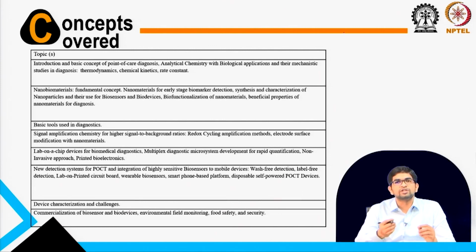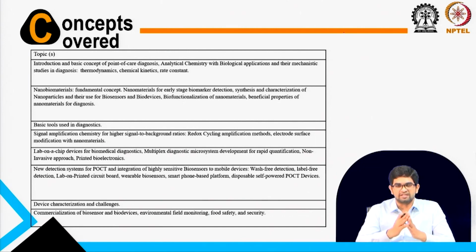Suppose you have some disease marker in a blood sample, saliva sample, or urine sample at a very low level, and it can cause the disease. In the very early condition we should detect it, but if you cannot amplify the signal, and your device cannot detect at a very low level, then it is very difficult to make decisions at the very beginning.